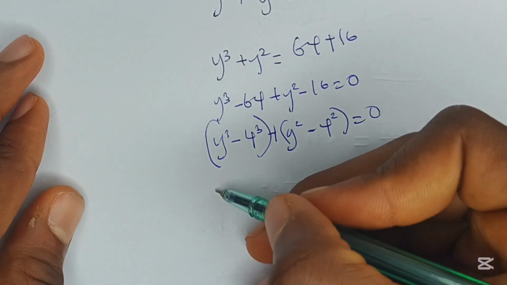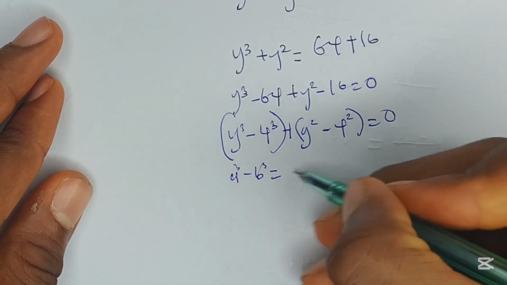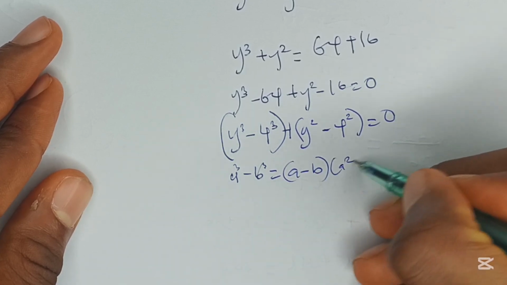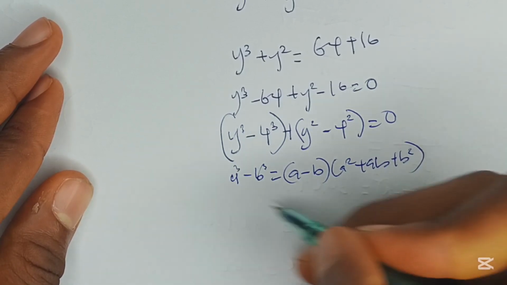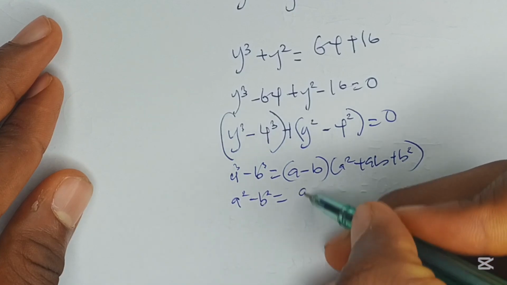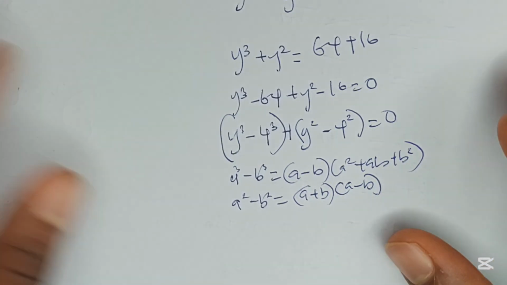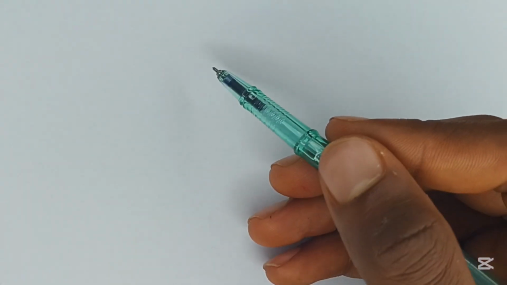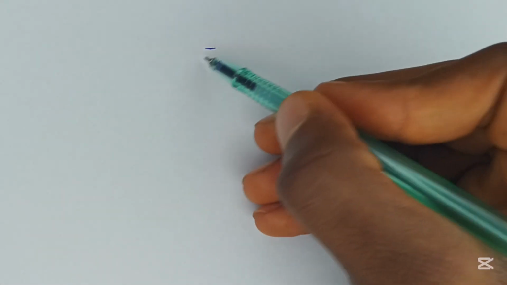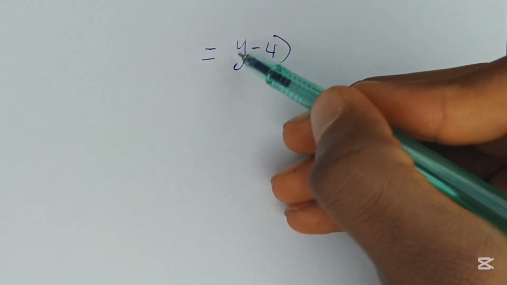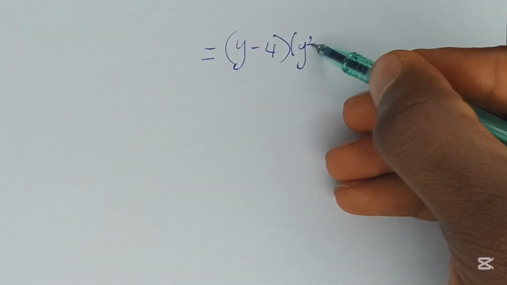Now, let's take some laws. We have a cubed minus b cubed is equal to a minus b into a squared plus ab plus b squared. A squared minus b squared is equal to a plus b multiplied by a minus b. Applying these laws of difference of two squares and difference of two cubes, this becomes y minus 4 into y squared plus 4y plus 4 squared, which is 16, plus y minus 4 multiplied by y plus 4.